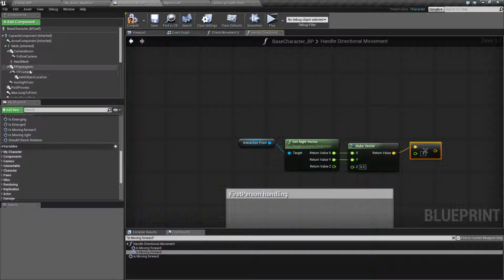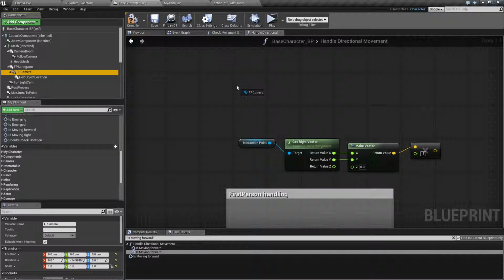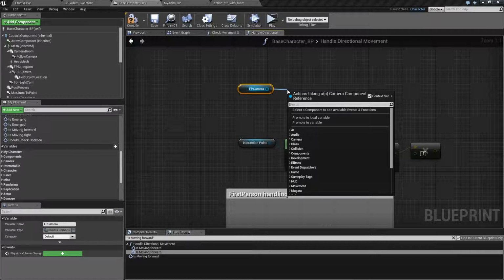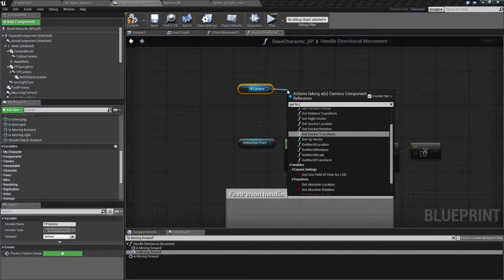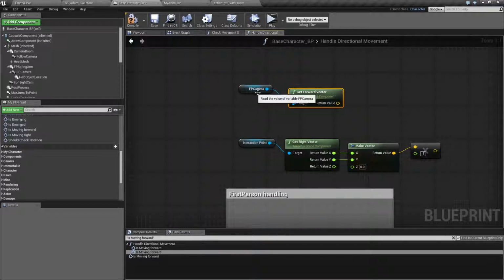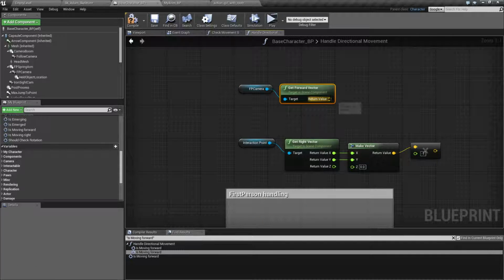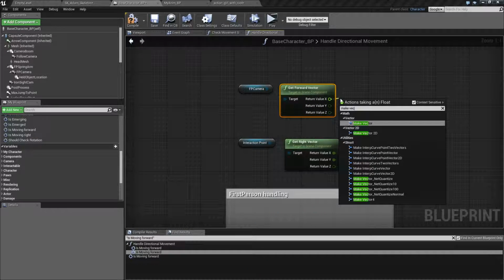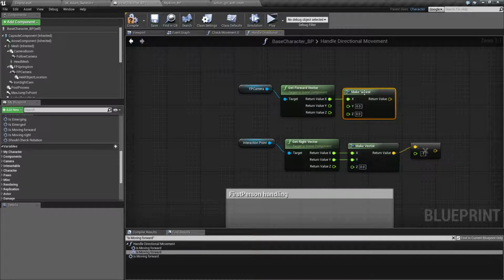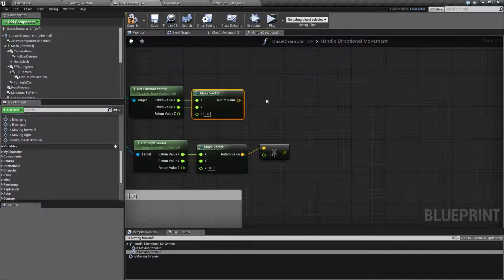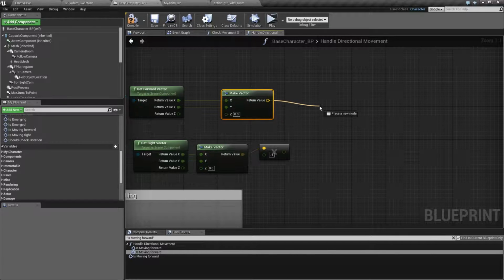And we want to drag in the first person camera here and get the forward vector for this one, and get rid of the z-axis as well. And then we want to dot these two together.